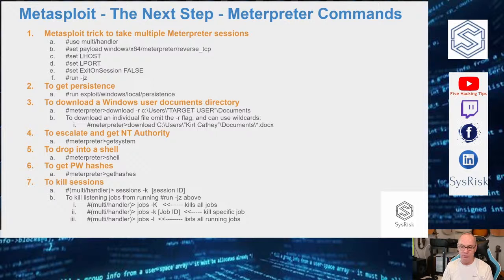So it's single channel, per se. By setting ExitOnSession false, you're telling Meterpreter not to exit on session but to continue to listen and take on more sessions. And then the next command, run -jz, those are just the flags to tell it to run as a job and run continuously. So I'm going to dive right in and show you what I'm talking about.